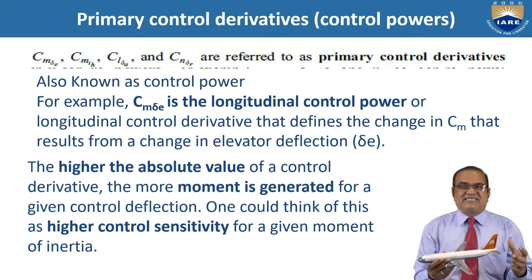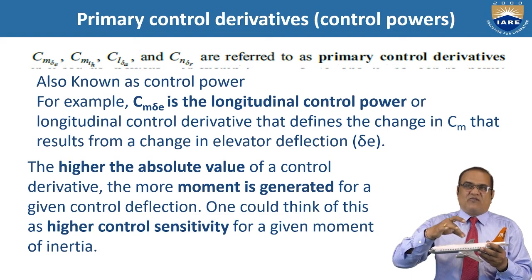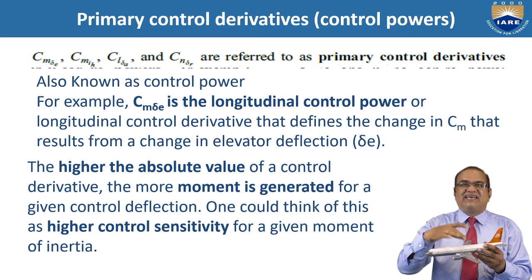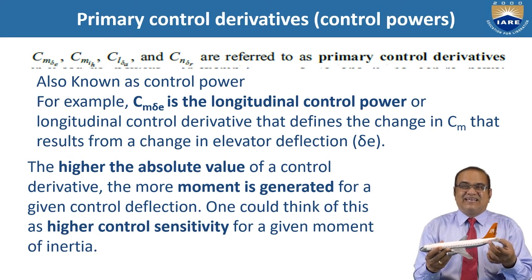Cm delta E is the change in coefficient of pitching moment with the change in the elevator deflection. Cl delta A is the change in coefficient of rolling moment with change in aileron deflection. Cmih is the change in the coefficient of moment with respect to the change in the setting angle of the horizontal tail.